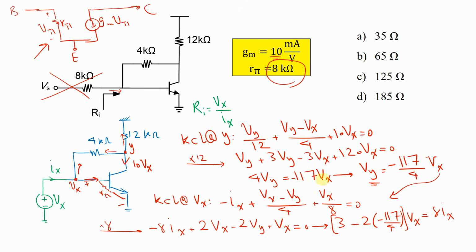Now we can calculate Vx divided by Ix. These are just some constants. We're going to need some sort of approximation in order to calculate Vx divided by Ix. On the numerator we have 8, and on the denominator we have 3 plus, minus times minus is plus, and 2 and 4 simplify to just 2 in the denominator.